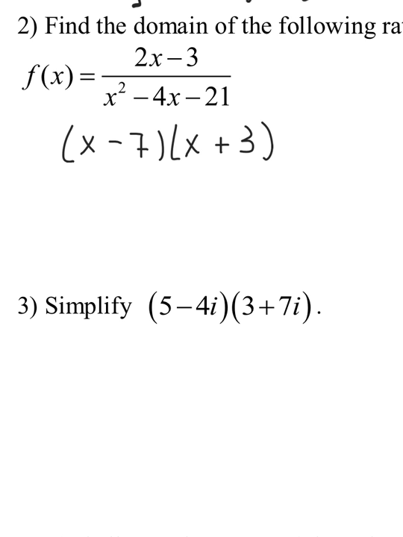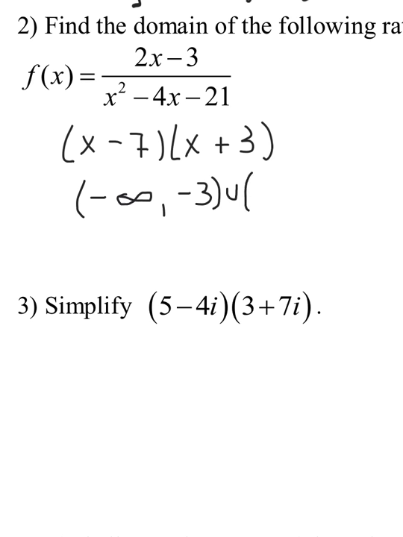All right, so how would we write the domain? It always starts with a parenthesis and negative infinity. Then we go as far as our first negative number, which is negative 3. Then you can put a union symbol if you want to.